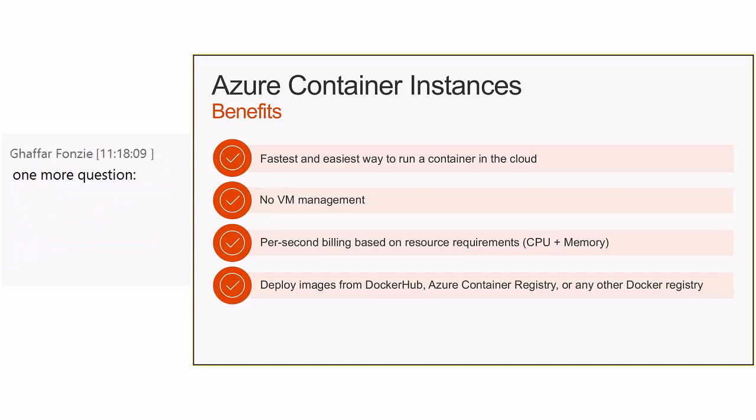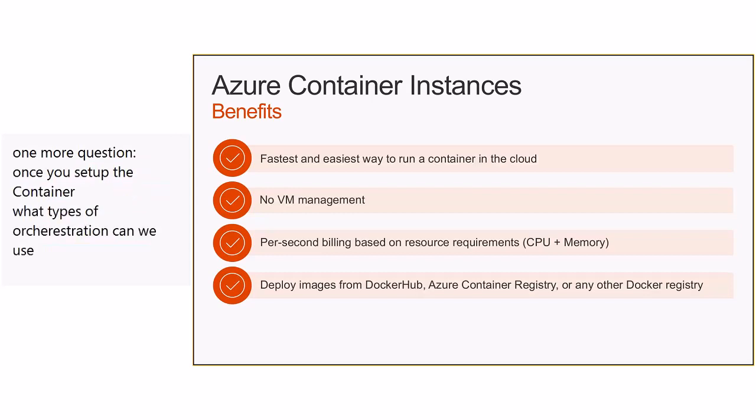We will know why this is important. Because remember, this is not for your steady state workload. If you have a steady state workload which is running on containers, you are much better off running it in AKS or Azure App Service for containers.